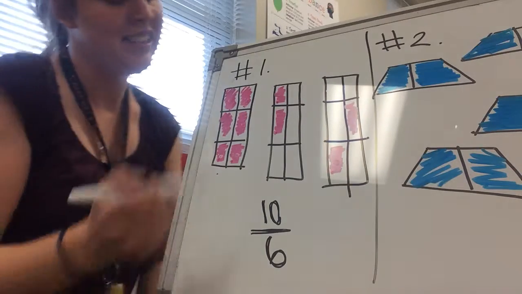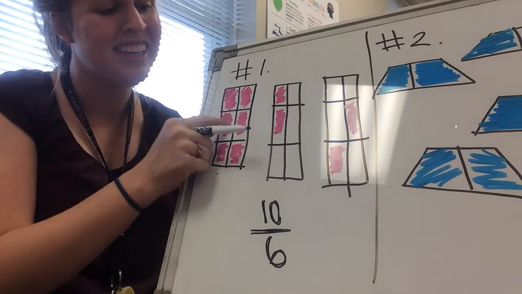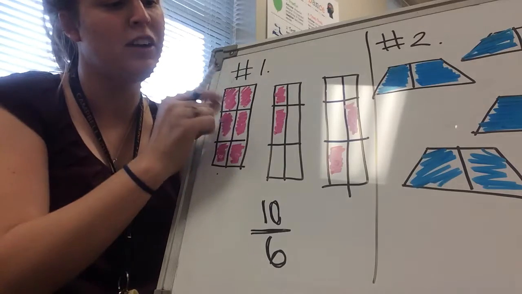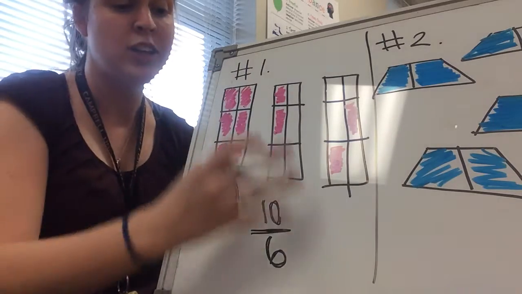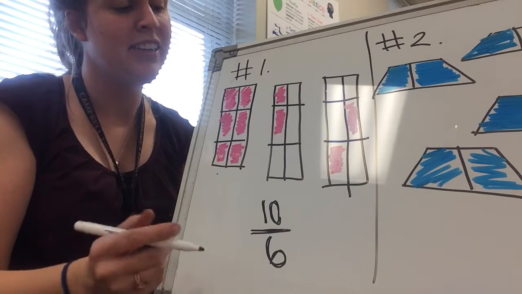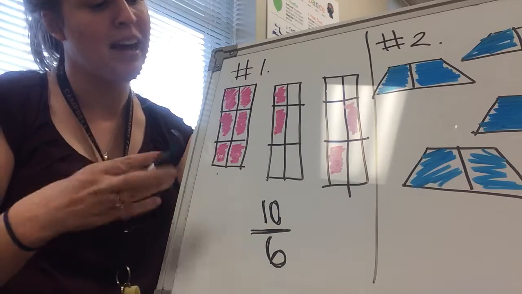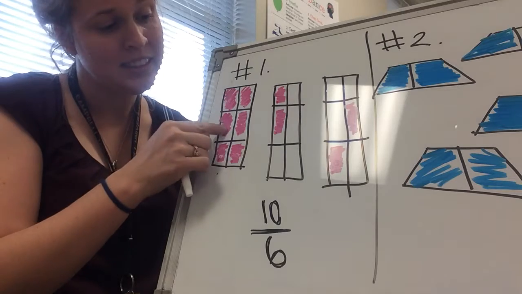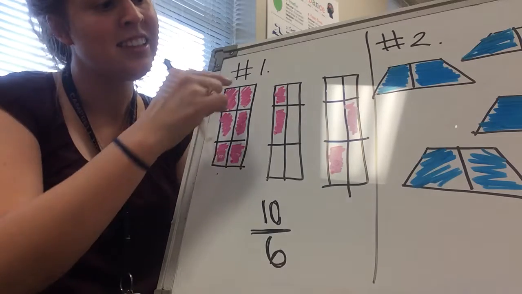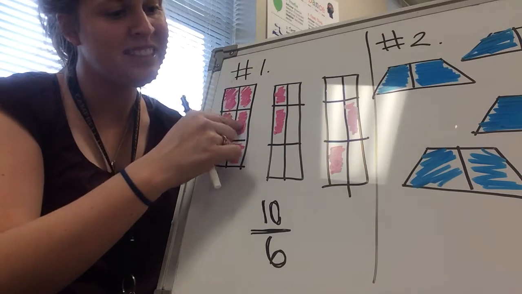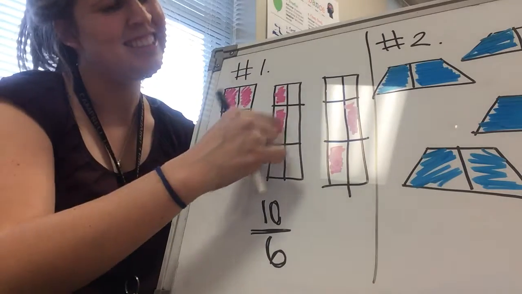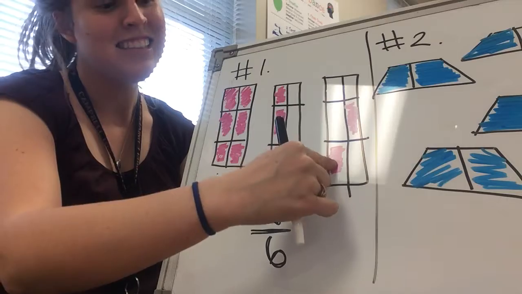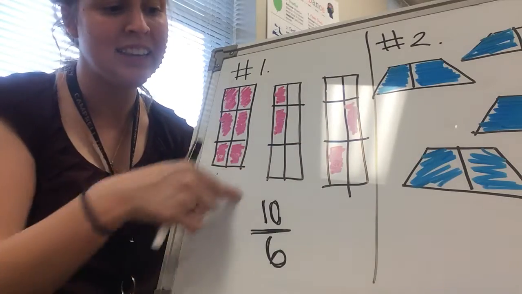Another way to look at this is I know every single piece in this rectangle has the value of 1/6. It's one piece out of a total of 6. So I could count it up with that in mind: 1/6, 2/6, 3/6, 4/6, 5/6, 6/6, 7/6, 8/6, 9/6, 10/6. Gets me the same answer.